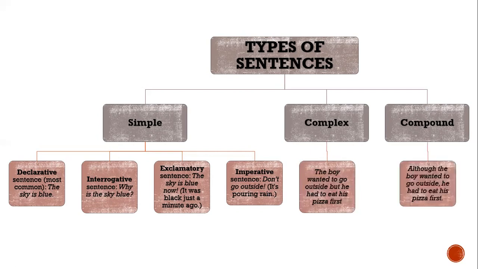In Bahasa, the complex and compound sentences, we call them kalimat majemuk, right? So complex sentence is kalimat majemuk setara, where the two clauses have the same level. Compound sentence in Indonesian is kalimat majemuk bertingkat, where we have the independent clause and the dependent clause. We'll learn more about that later.